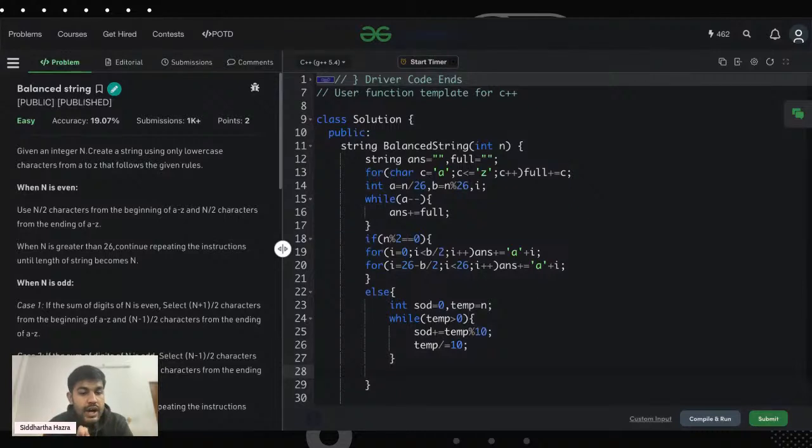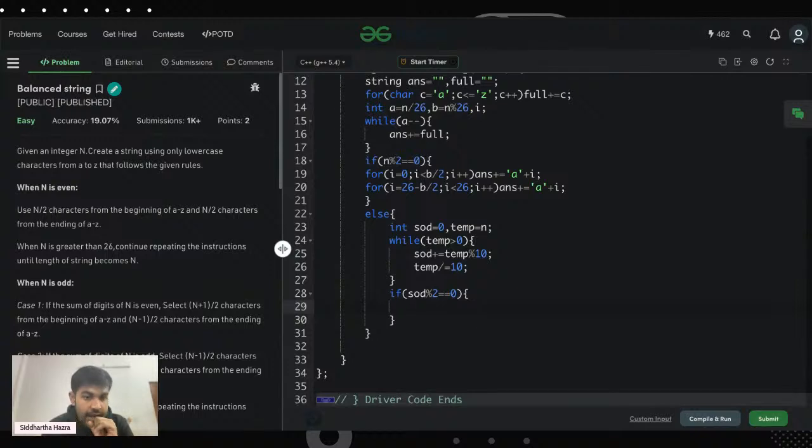Now we would say that if the sum of the digits is even, that means on dividing it by 2 the remainder is 0, then it is even. Then we would just copy this condition.